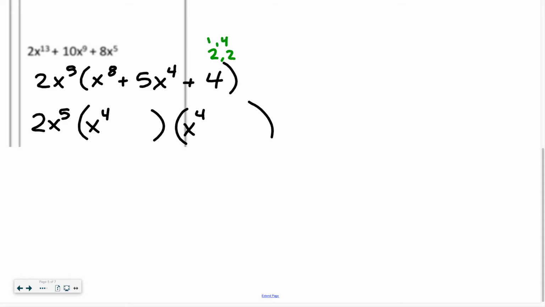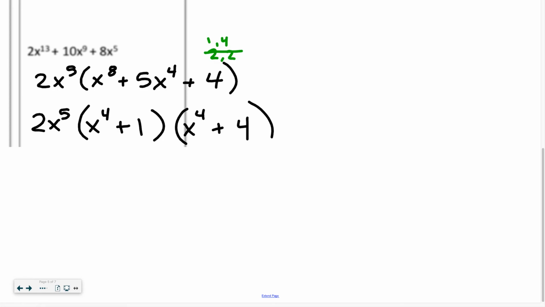It's positive, so they have to be the same sign. Which ones are going to add to make 5? The 4 and the 1. Since it's a positive 5, they should both be positives. Plus 1, plus 4.